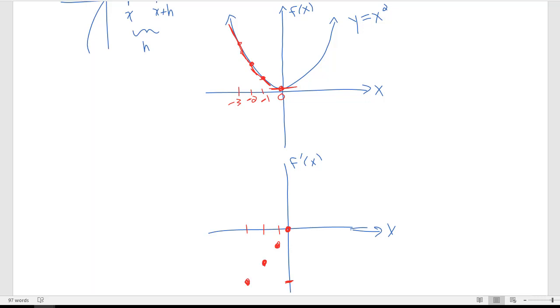So the slopes are getting flatter, smaller in absolute value. A slope of 5 is pretty steep, a slope of 3 is a little less steep, and a slope of 1 is a little less steep still. These are all negatives because the lines are decreasing. And then at the origin, we have a flat line. The slope is 0, so we plot that. Now, it's difficult for me to animate this visually.